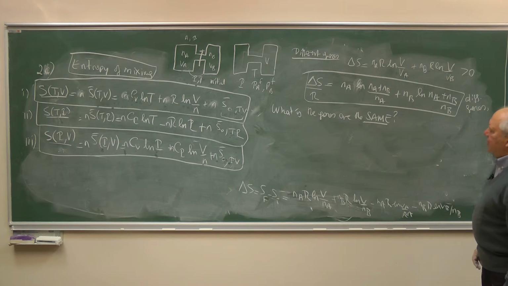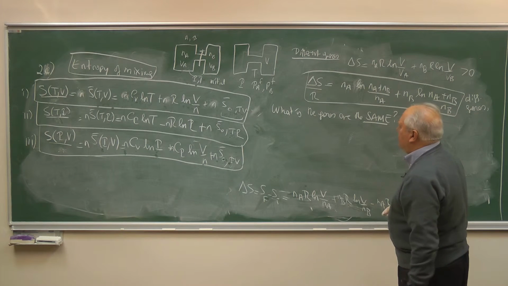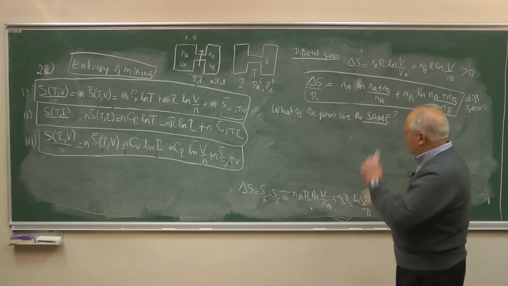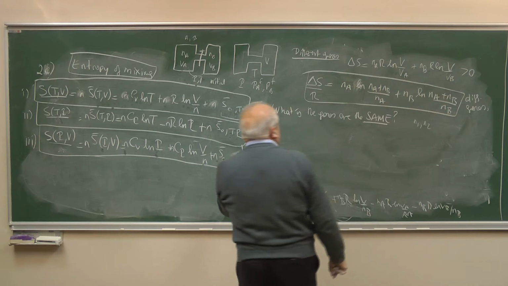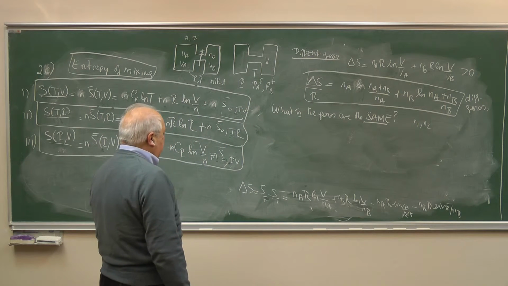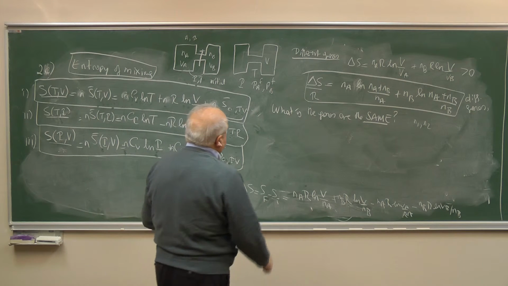Initial entropies do not change. Instead of A and B, now the gases are the same, so we call them N1 and N2. Replace NA by N1 and NB by N2. Initial entropy is the same. But the final entropy, you have to be careful in writing.